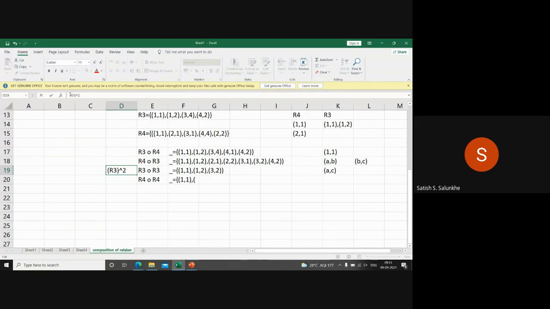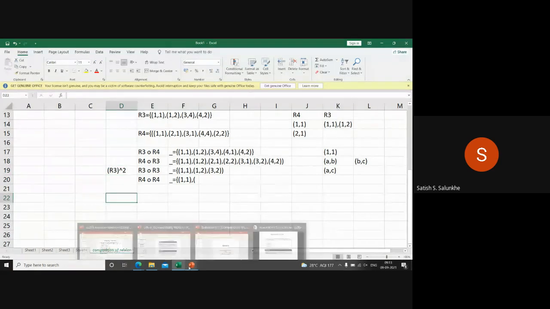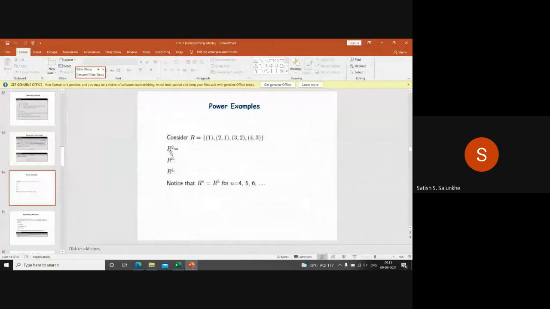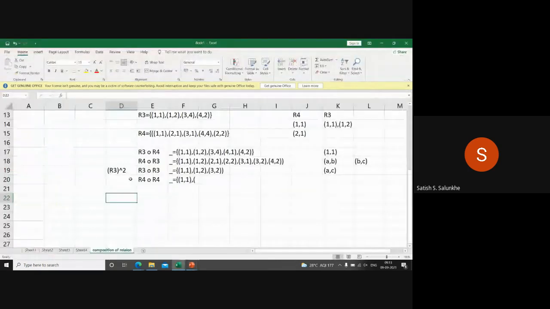That is 2. So basically it looks like this: two times we are doing the composition of that same relation R. So you may come out with R3 composition R3 composition R3 also. If you go ahead with this, no one can stop you. Unlimited composition you can carry on.